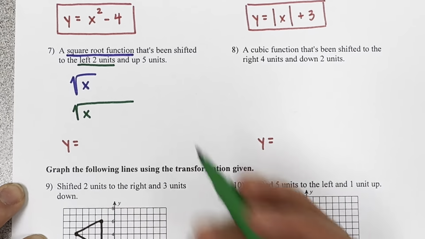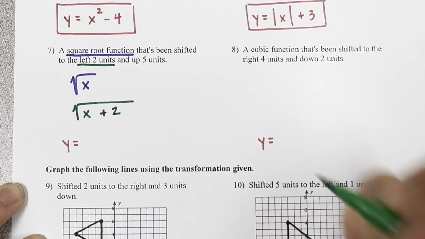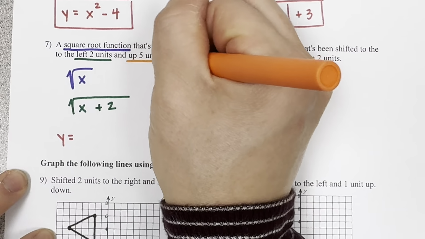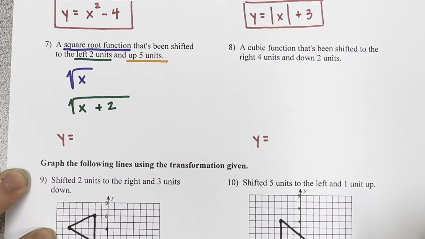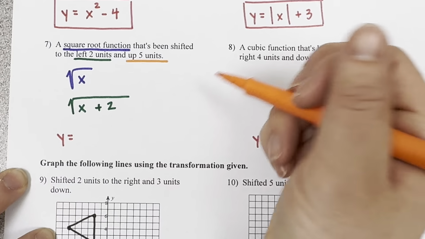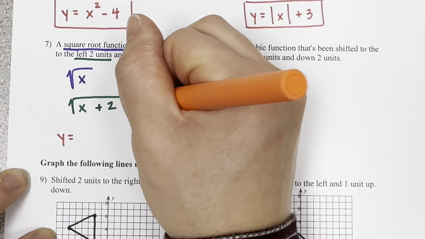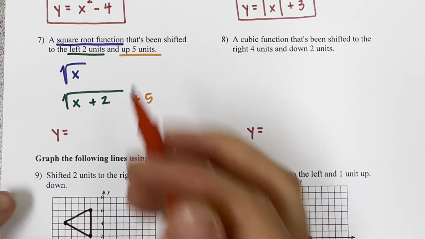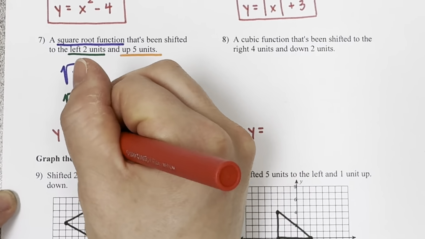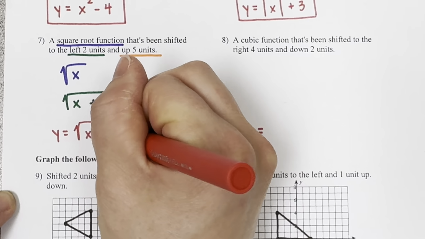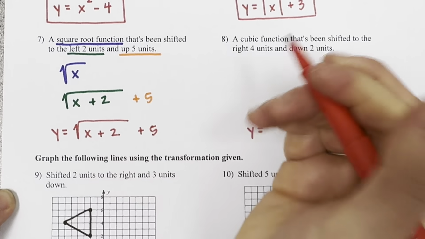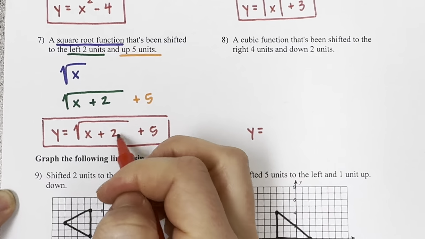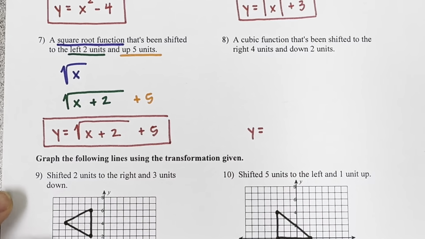Usually with the left, I'm thinking minus, but if it's opposite, left is +2. But then it also wants us to shift it up 5 units. Up and down is on the outside, and we don't have to think opposites here. Up is just +5. So our final equation is the square root of x plus 2, and on the outside of that, plus 5. We have our left 2 transformation and up 5 transformation.